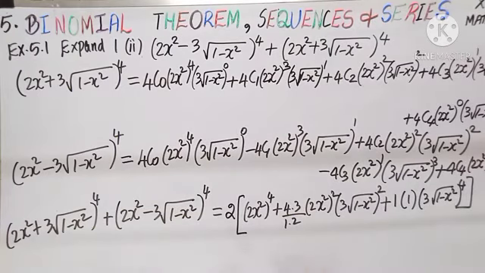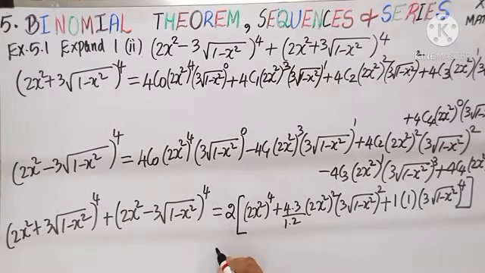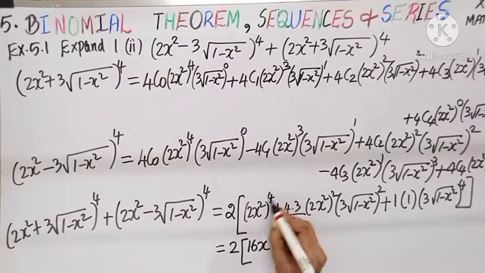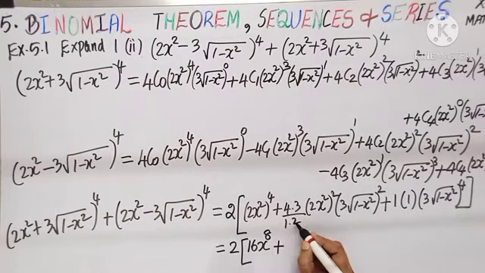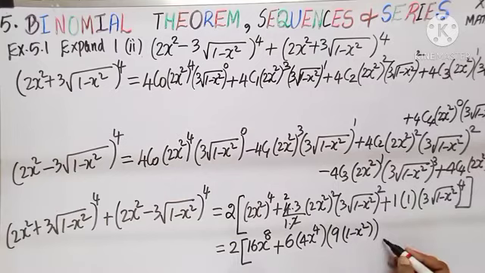The next step, we have the terms 2 times. So we have put 2 all out. Simplifying this, 2 into 2 power 4, 16. X power 2 4s are 8. Cancelling here. 6 into 2x square the whole square, 4x power 4. 3 square 9. Root and square will get cancelled.